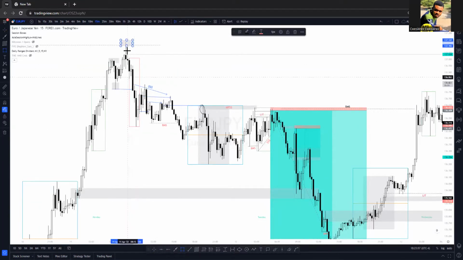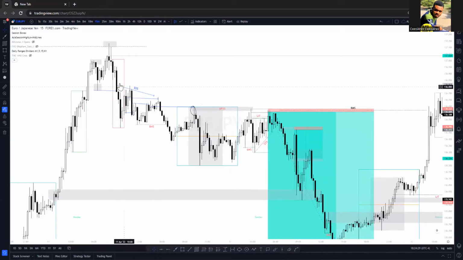Price failed to create a new high. Broke the last higher low that created this higher high. And what happened? We had a break of structure over here, right? So in the 50 minutes, we had price transitioning from a bullish market to a bearish market.